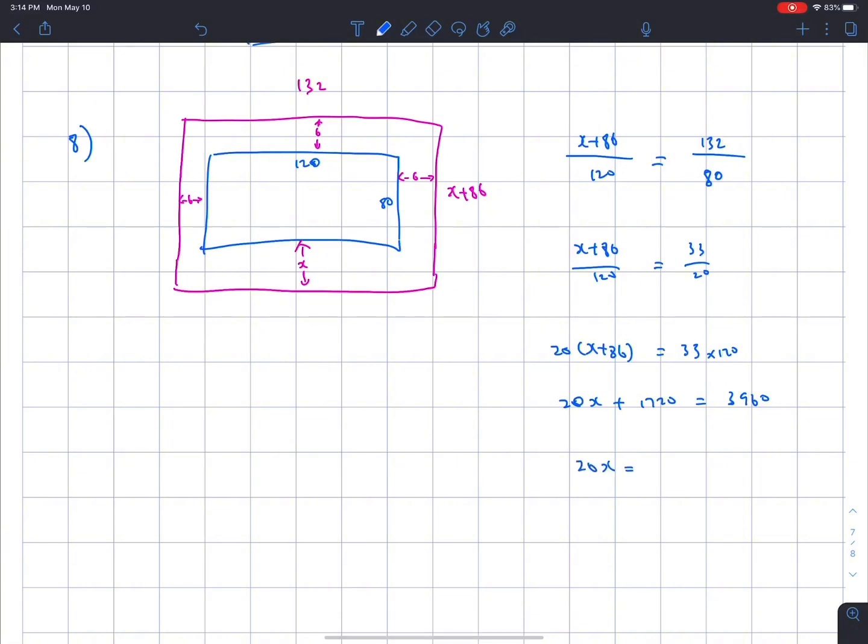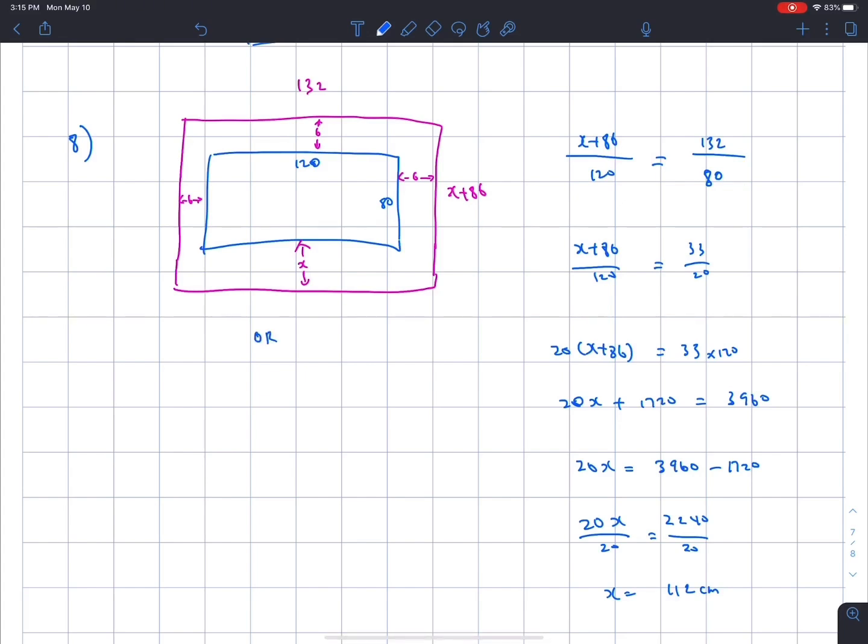So 20x equals 3960 minus 1720. 20x equals 2240, and then just divide both sides by 20. We get x equals 112. But that's a really large margin. So that's one way to do it.